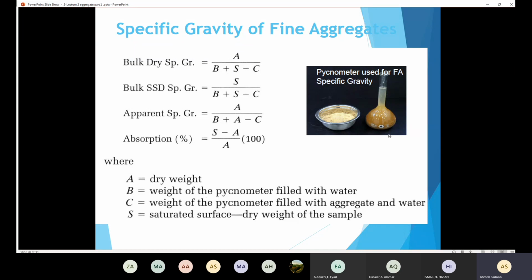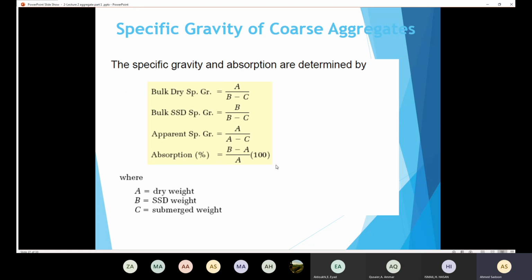Then I'm going to measure the weight of the pycnometer with the water. Then I'm going to place the sand inside the pycnometer and measure again. The difference between them represents the weight of the sand inside the water. That is why we added an additional letter. But the concept here is going to be similar to the concept there.